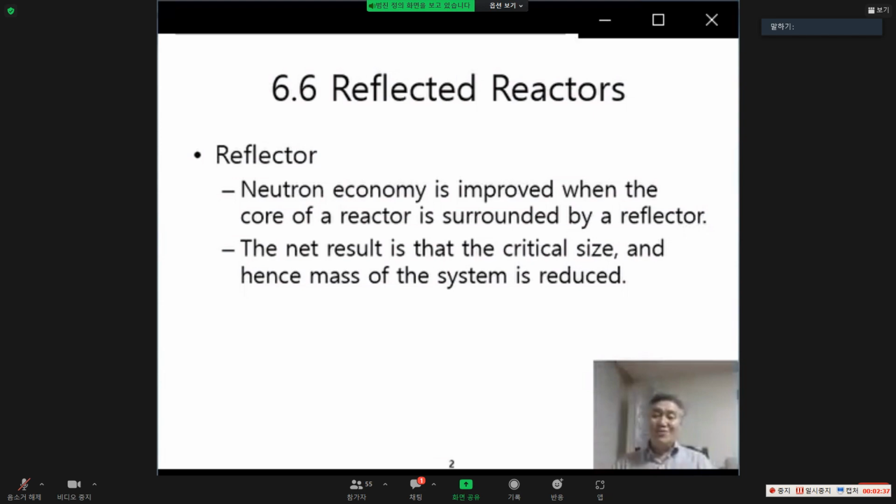So in our terminology, we can say neutron economy is improved, because we reduce the neutron leakage and we use more neutrons for nuclear fission. Sometimes we can use more neutrons to convert fertile material to fissile material. Anyway, there is a neutron economy.